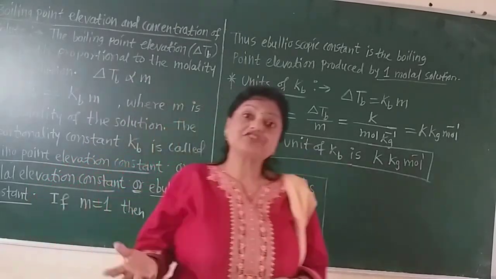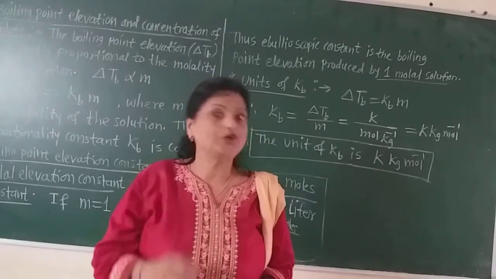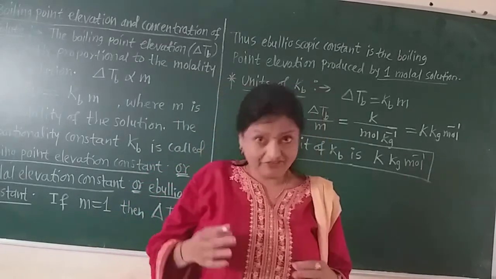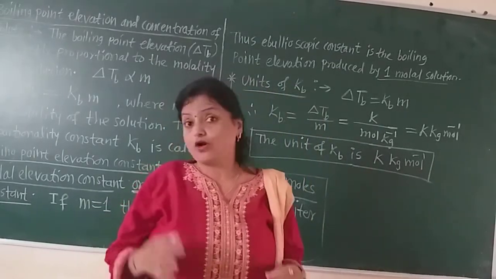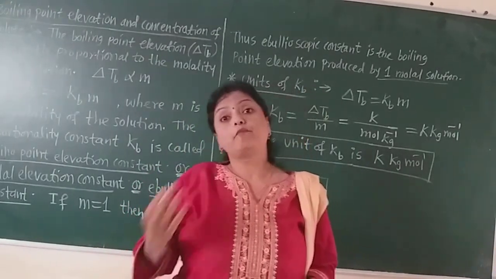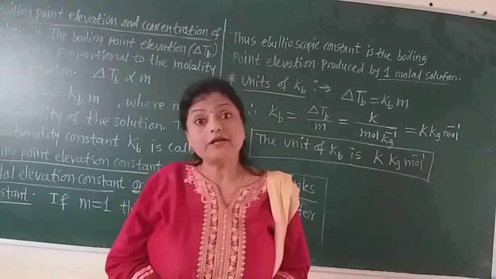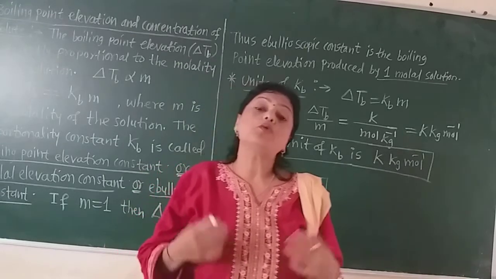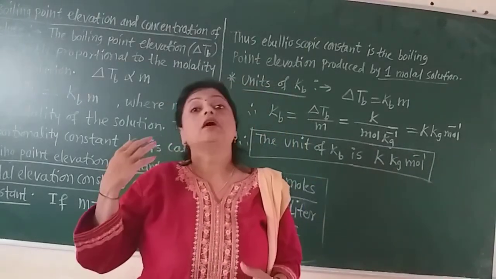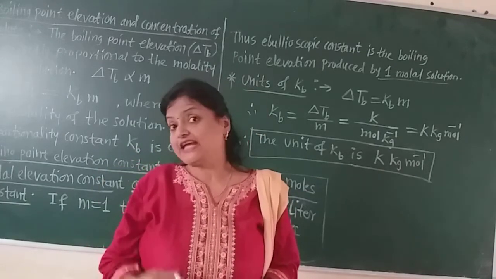Now in the next lecture we will learn how we can calculate the molar mass of the solute from boiling point elevation. But if you, student, understand this topic very well, that is, the boiling point elevation as the colligative property which depends upon the number of moles of the solute, what the definition of boiling point elevation is, how it is calculated, and the connection between the vapor pressure and the boiling point of the solute and solvent.